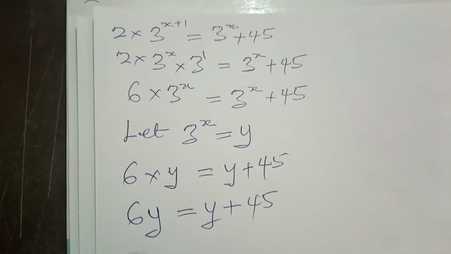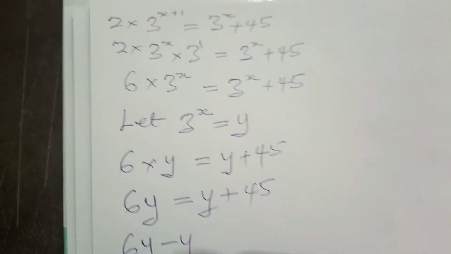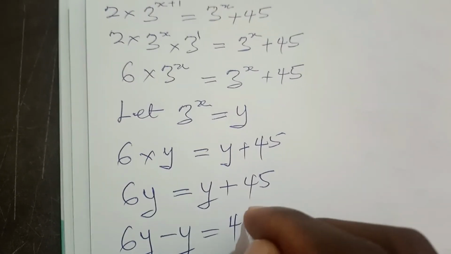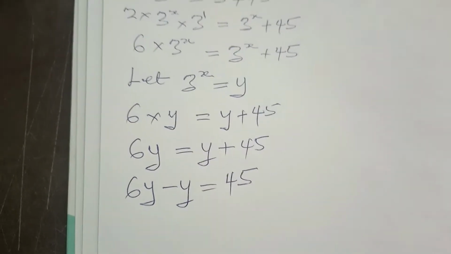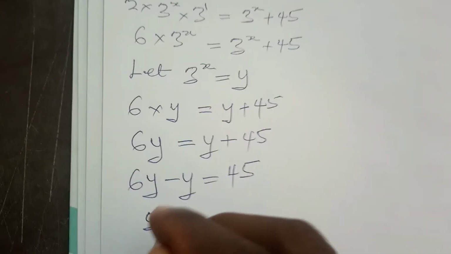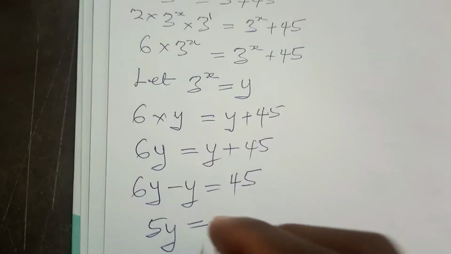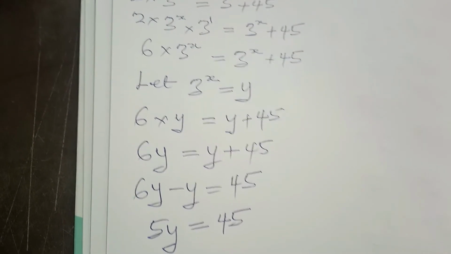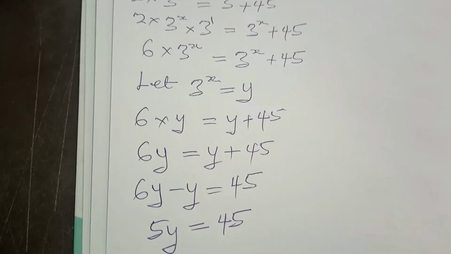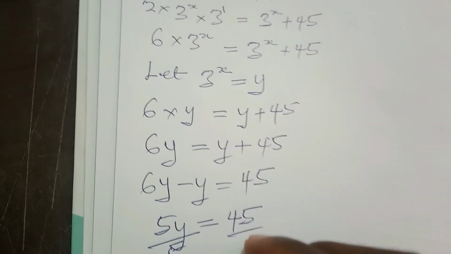Let's group like terms. 6y minus y will be equal to 45. 6y minus y will give us 5y, and that will be equal to 45. We want y, not 5y, so we divide through both sides by 5.